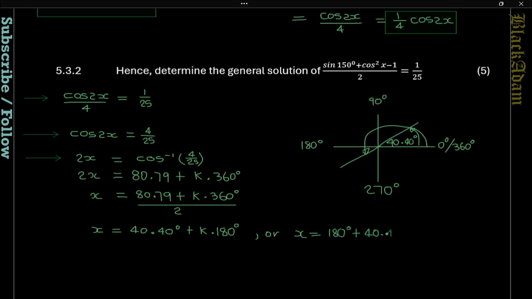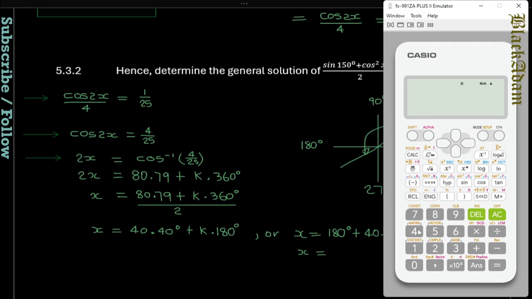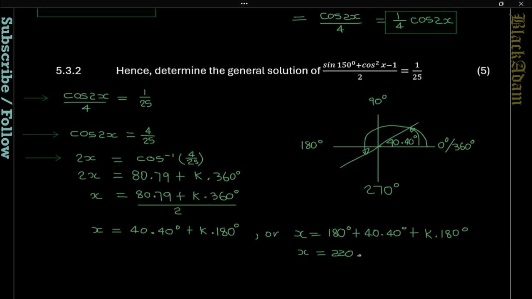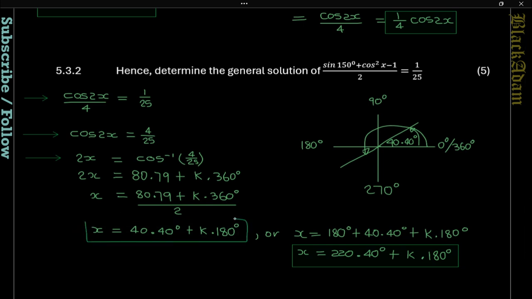So x is going to be 180 plus 40.40, that gives us 220.40 degrees plus k multiple of 180 degrees. By multiple I mean that k is an integer, so k is an element of the integers. That's what it is.